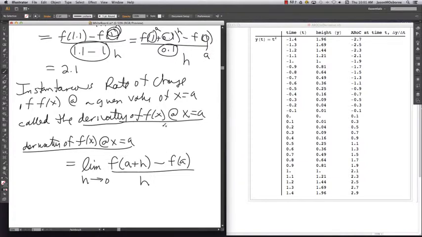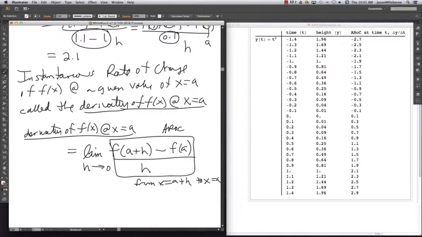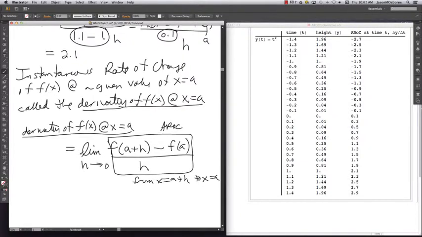So I think if you look at this formula here, right here in the box, you will see that this is just the average rate of change from x is equal to a plus h to x is equal to a. And then we've thrown on a limit in front, and that will be what we're going to call the derivative.